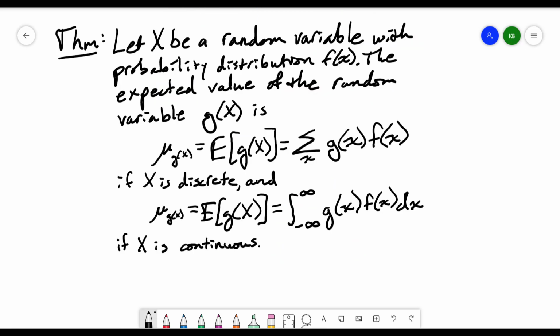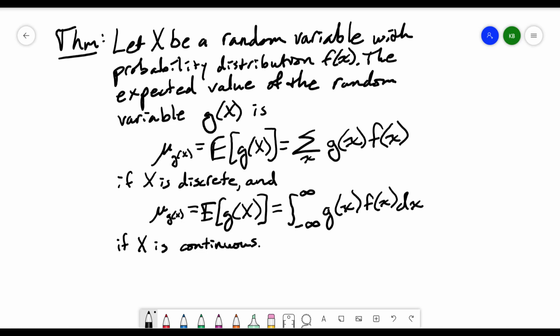Sometimes we have random variables that depend on other random variables. So in the case that we have a random variable g of x that depends on a random variable x, we can actually still find an expected value for that dependent random variable. The expected value for g of x in the discrete case is going to be the sum over all of the x values of the product of g of x times f of x.